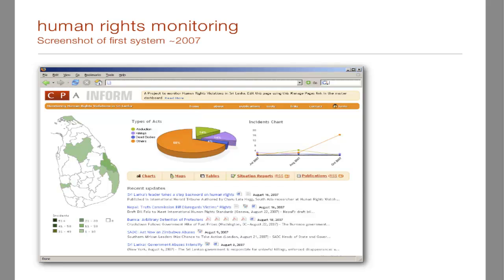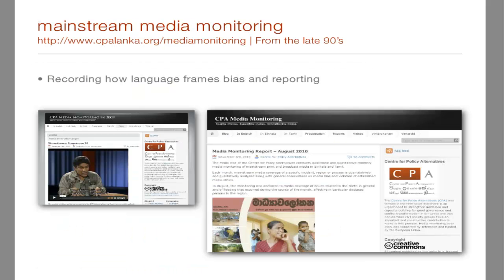Something else that I do is use technology to monitor what is reported in the mainstream media. This is something that the center itself has been doing since the late 90s, long before I joined. But what I brought is a dedicated blog and, for our monitoring side of things, a more streamlined use of technology so that we capture, for example, the hate speech, the memes, the words, particularly in the vernacular, that people use during an election campaign period or when talking about a particular issue, place, person, political party, or process.